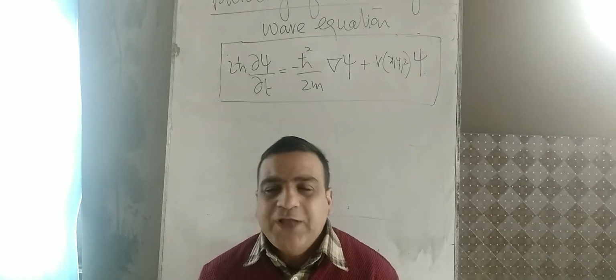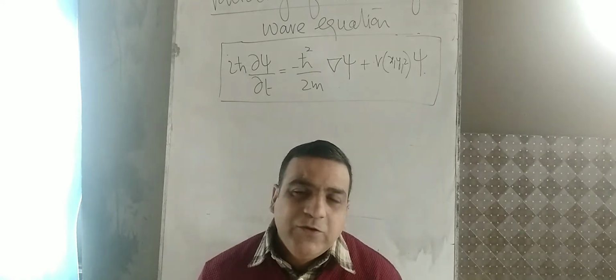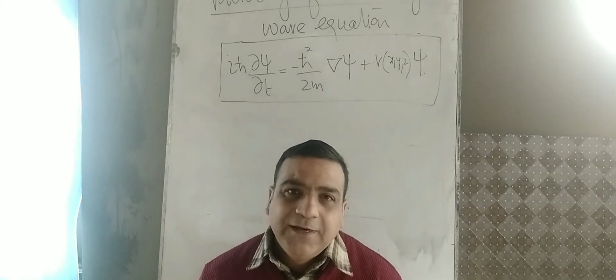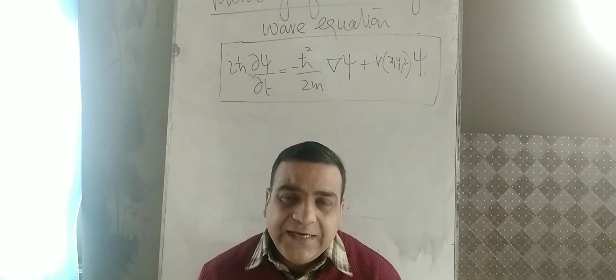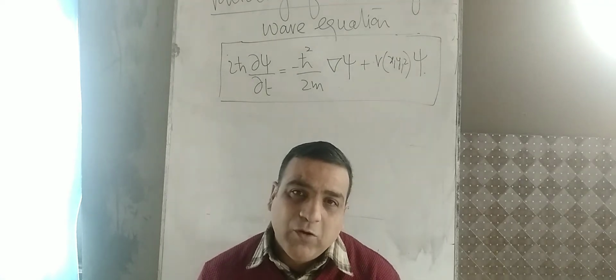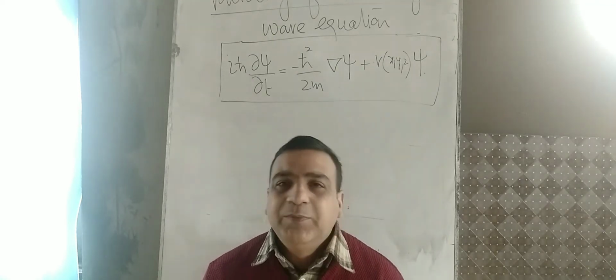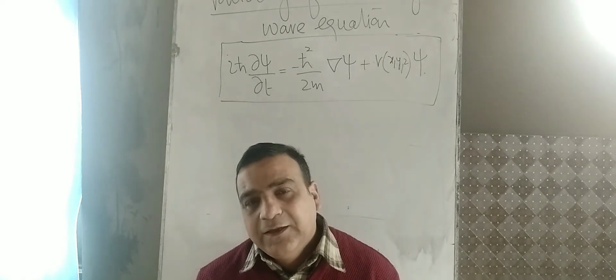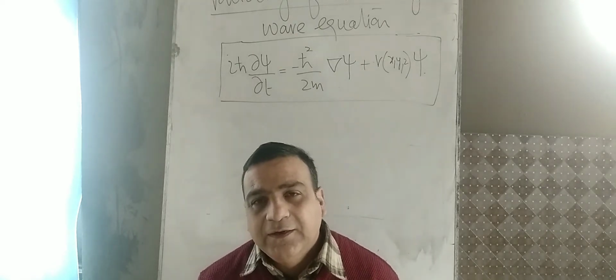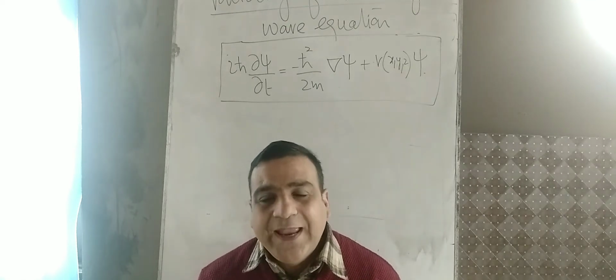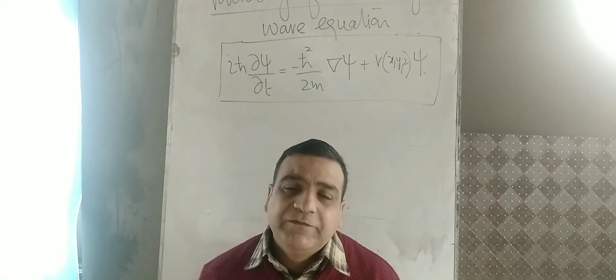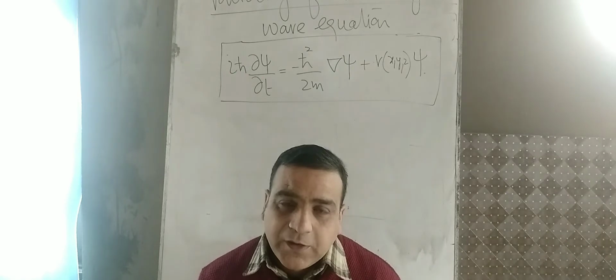So, to be precise, Newton's second law of motion is in itself a principle in the domain of classical mechanics. In a similar fashion, Schrodinger's wave equation in quantum mechanics, in wave mechanics, is in itself a principle.